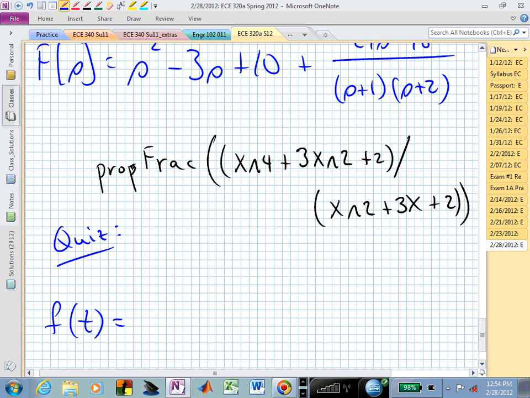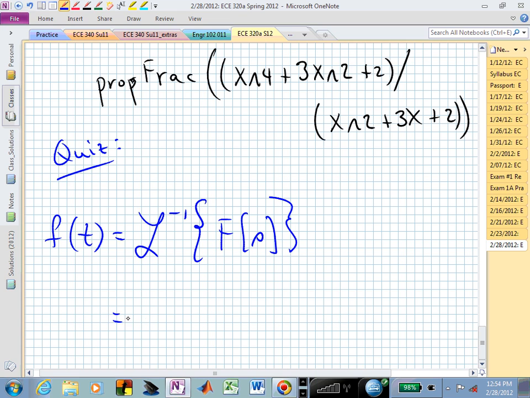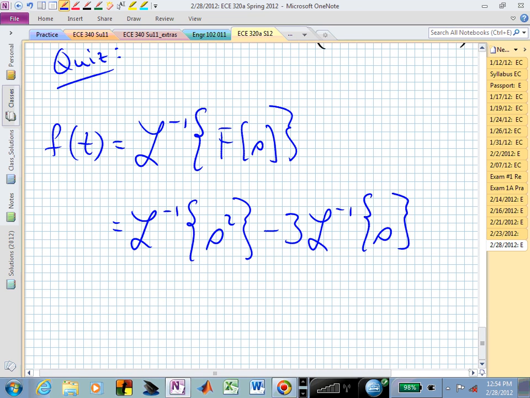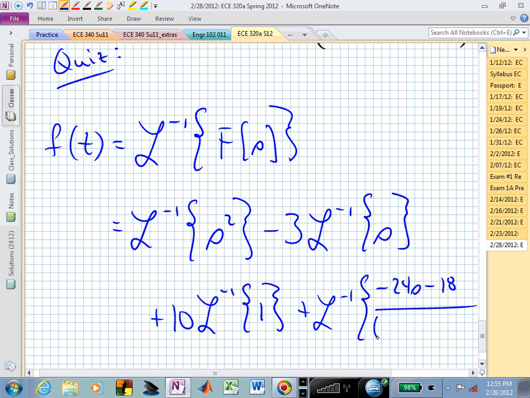Little f of t is what we want, which is the inverse Laplace transform of capital F of s, which says now that we need to inverse Laplace transform s squared a minus 3 times the inverse Laplace transform of s, plus a 10 times the inverse Laplace transform of 1, plus the inverse Laplace transform of minus 24s minus 18 all over s plus 1, s plus 2.